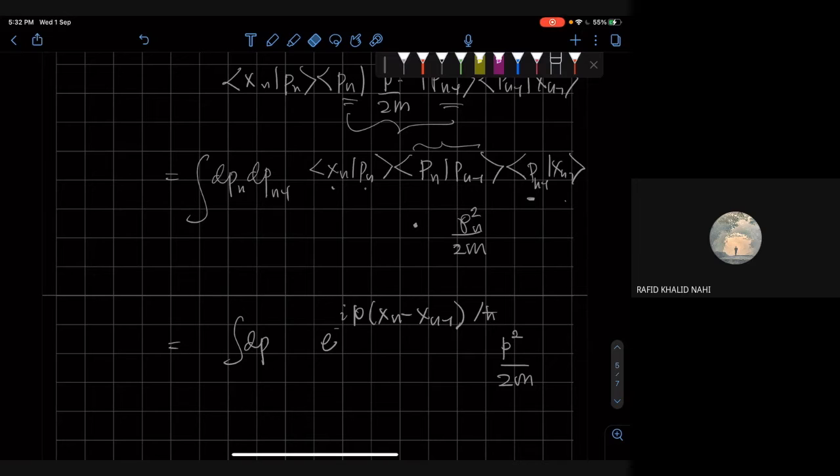Okay, is this clear? Sorry, what do the p subscripts actually mean? They mean absolutely nothing. We are going to give an interpretation at some point. Well, actually, they will have the interpretation of momentum at that time.